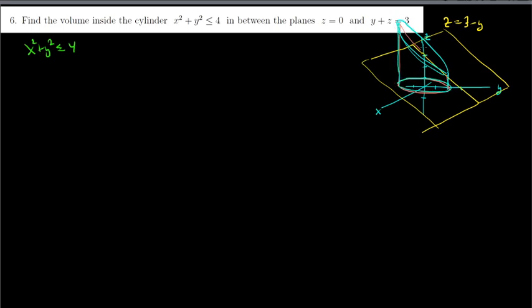So take a cylinder and slice it diagonally like this. So this is still the plane z equals 3 minus y. And then we're above the disk of radius 2 in the xy plane. So that's the volume we're looking for.